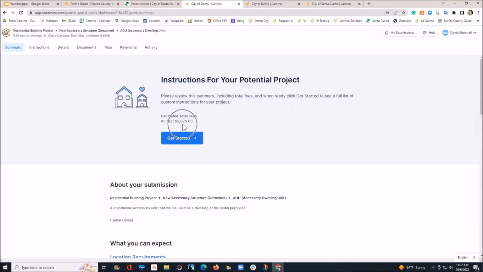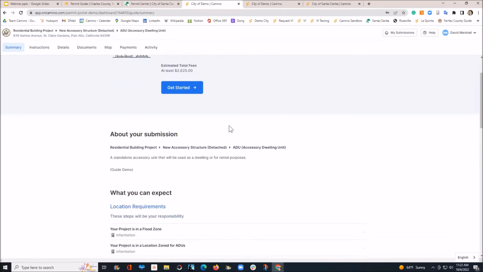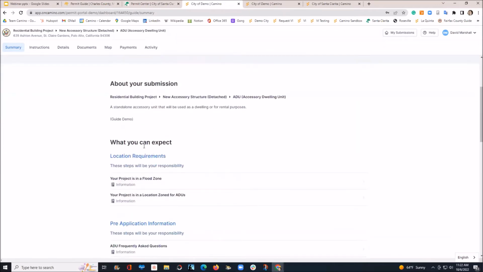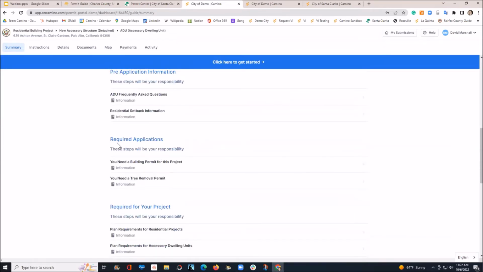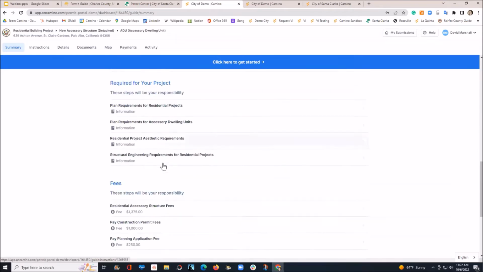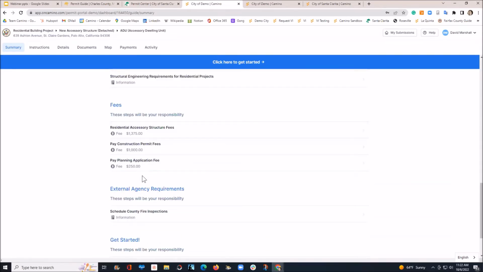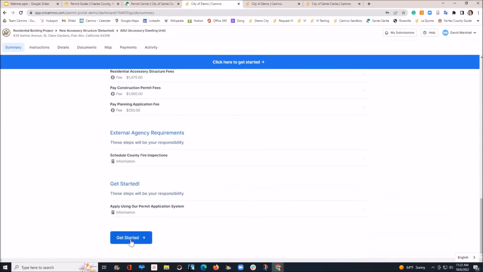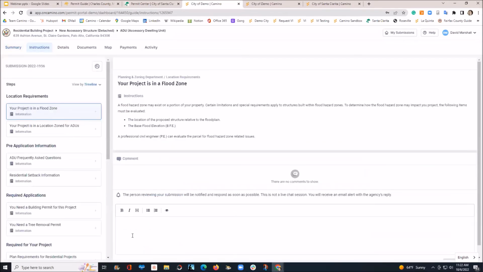So they can see at a glance how much their fees are going to be if they apply. They can also see what to expect, required applications, et cetera, even a breakdown of the fees. But we'll go in and let's get started on this particular guide.